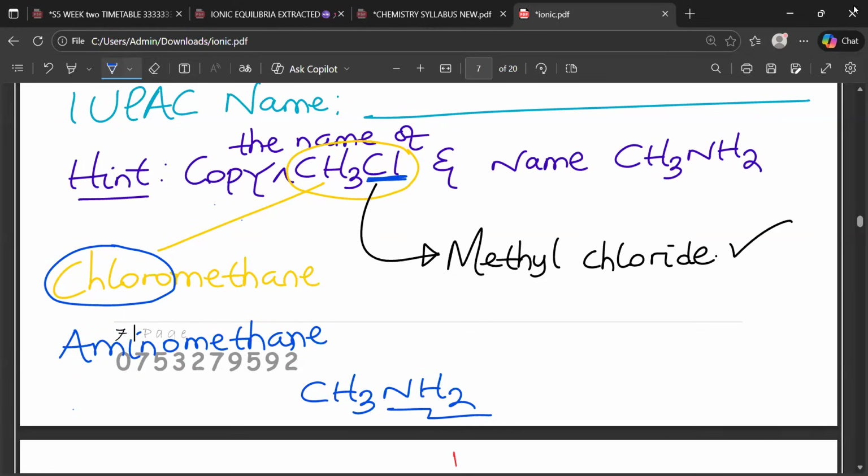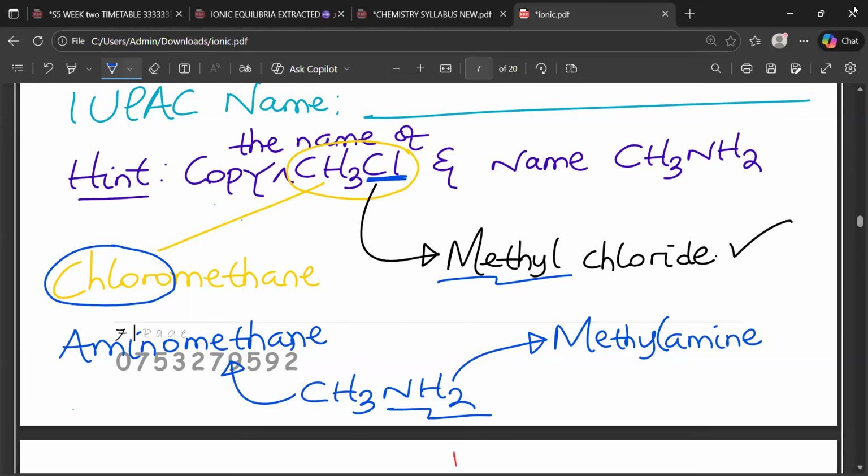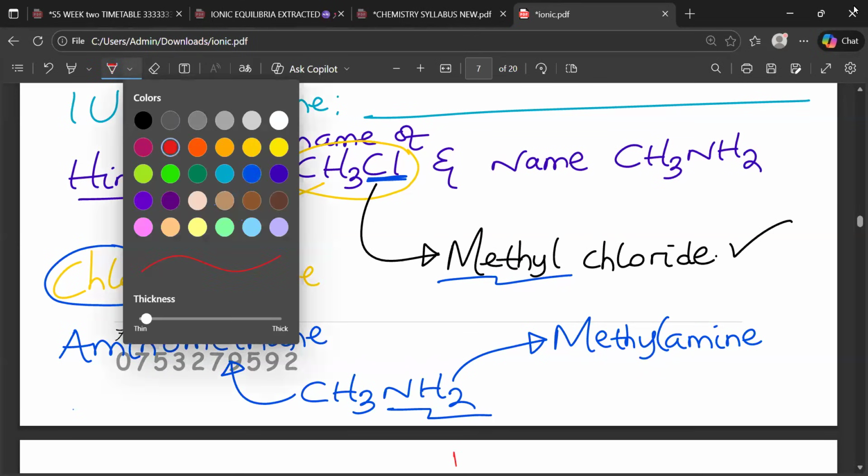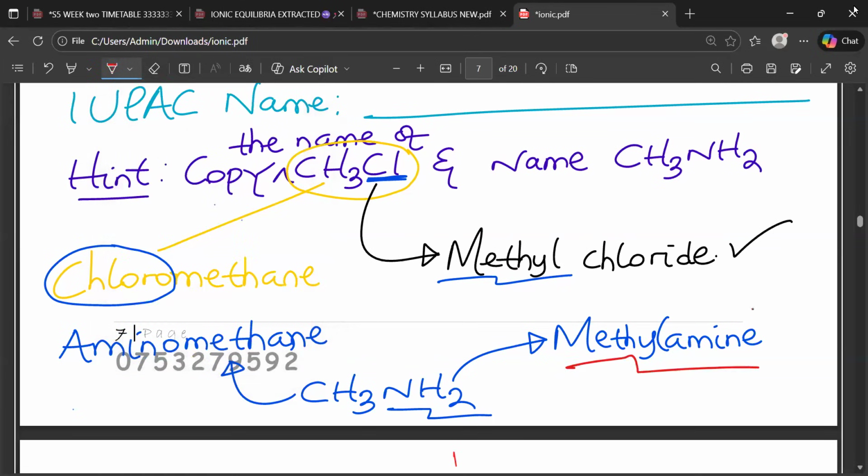So this other name, it's methyl. You like it or not, even this one will be methyl. But now the other one was a chloride, this one is an amine, and this one is one word. So you tell your neighbor, close your eyes and meditate: methylamine is one word.